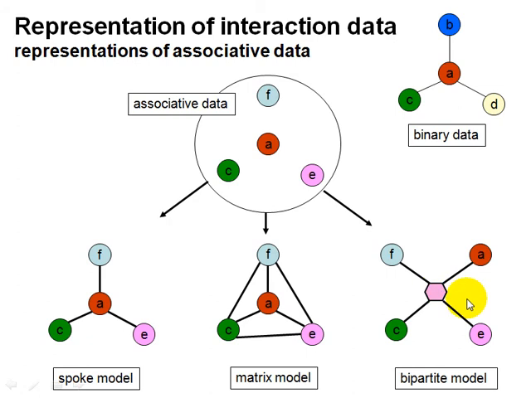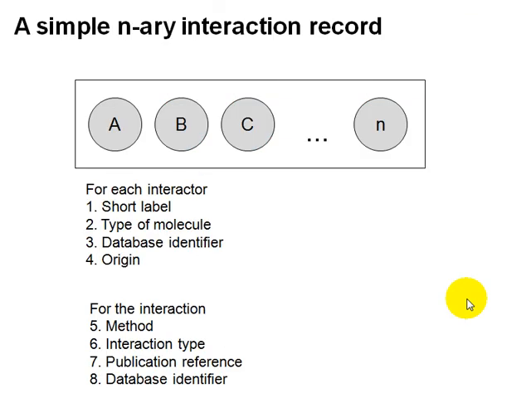So in this model, no binary interactions are implied, and it's very explicitly obvious that you don't know anything about any of the binary interactions. It's associative data.